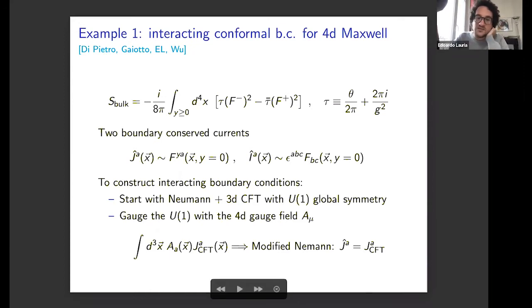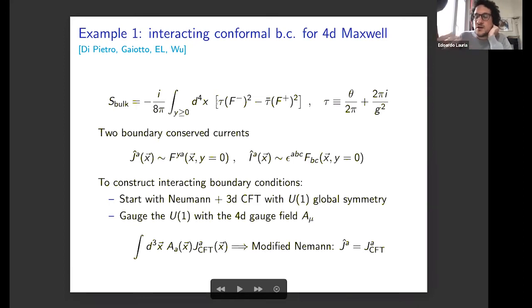So as you let the RG flow go, if you follow the RG flow, it turns out that this coupling here is not just marginal, but it's also exactly marginal. The reason is that this coupling is controlled by the complexified gauge coupling tau, and the complexified gauge coupling tau cannot renormalize because it's the coefficient of a bulk operator.